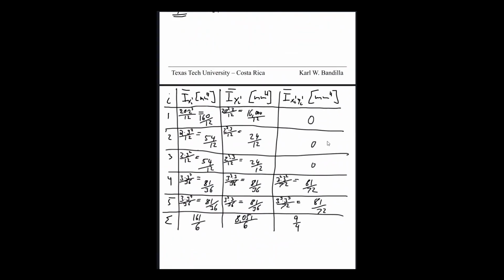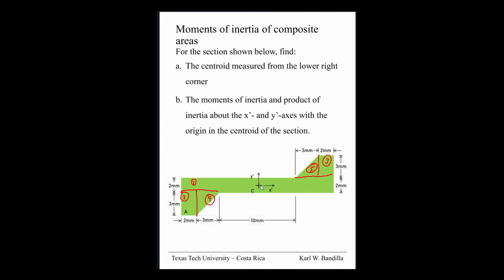That gives me 1,593 over 4 millimeters to the fourth, or 398.25 millimeters to the fourth. All right, so we got through all of our tables and found the moments of inertia and the product of inertia based on the centroid of this green cross section right here.